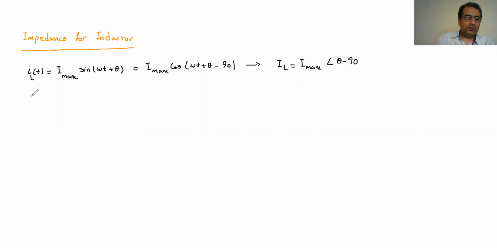Now let's look at the voltage. If I have that, I know that the voltage of the inductor is going to be L di over dt.